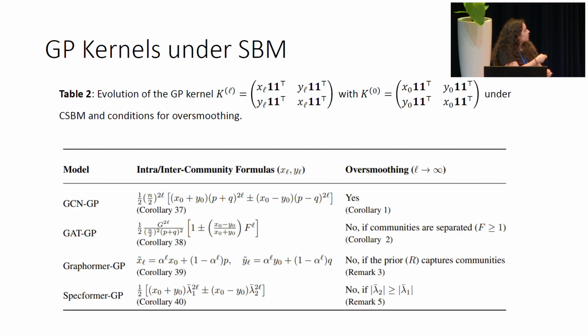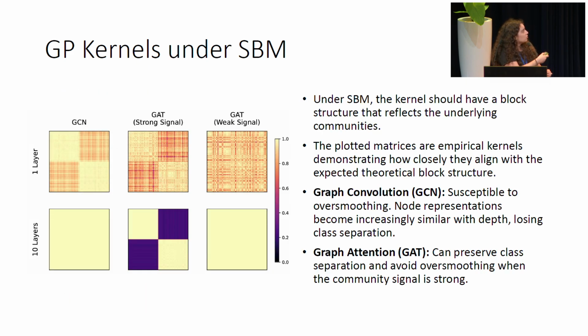We did this theoretically, but I will now show you some experimental plots to make the point more clear. So we have such an SBM graph, and if a kernel method is able to learn this graph, it should have this block structure. And if you look at GCN for one layer, it clearly has this block structure, it learns the graph.